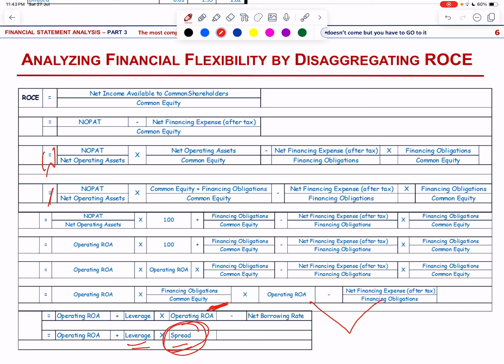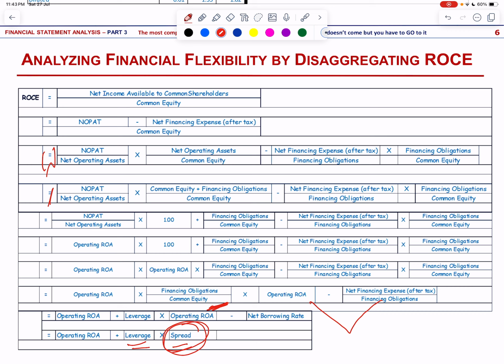Financial flexibility refers to a company's ability to use debt strategically for opportunities or expenses. Low flexibility arises from high debt, cost, or insufficient cash flow. High flexibility allows easier, cheaper capital access for profitable investments. Spread is key in financial flexibility, showing returns versus borrowing cost difference.